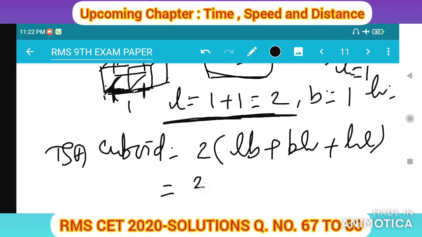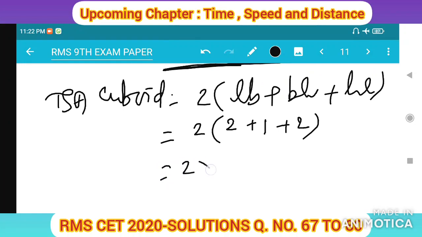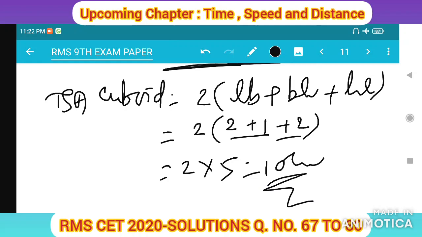So put the values: 2 into (LB, 2 into 1, so 2, BH means 1 into 1, 1, plus HL, 1 into 2, 2). So the value is 2 into 5, so 10 centimeter. This is the answer.